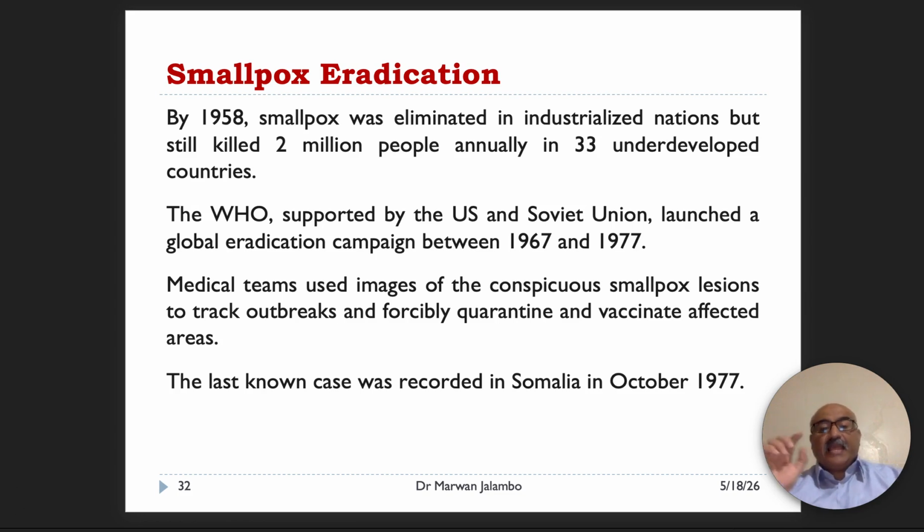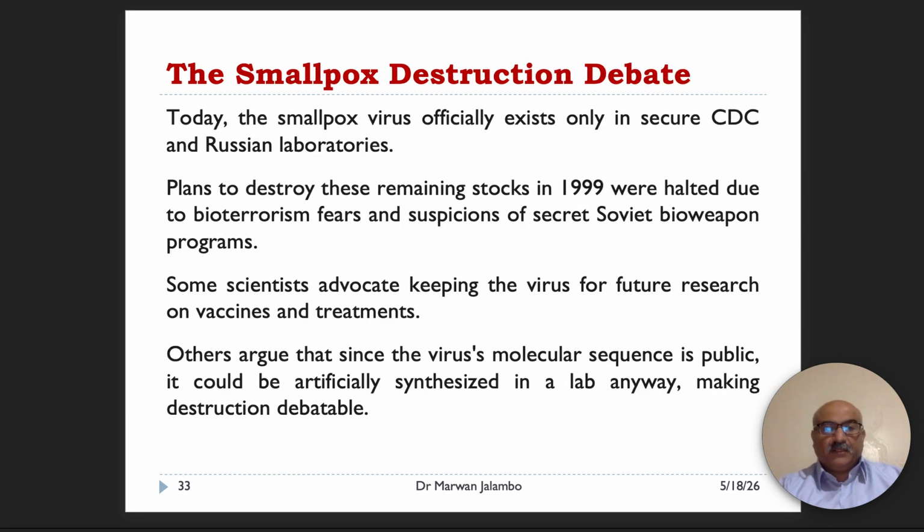The last case was found in Somalia in October 1977, but that success leads to a modern controversy. Today, the smallpox virus officially remains in only two places: stored in laboratories at the CDC and in a Russian lab in Siberia.